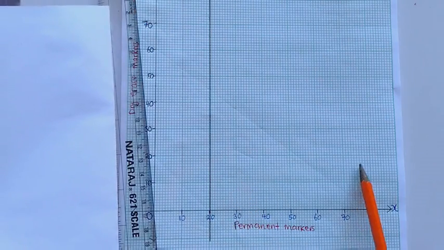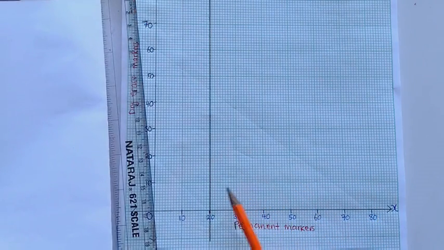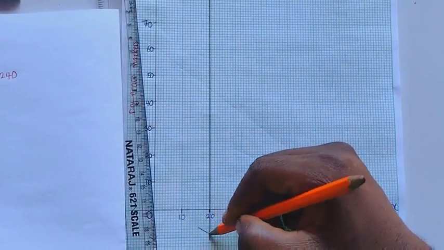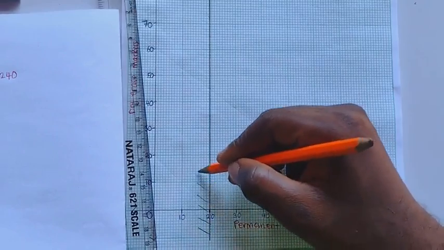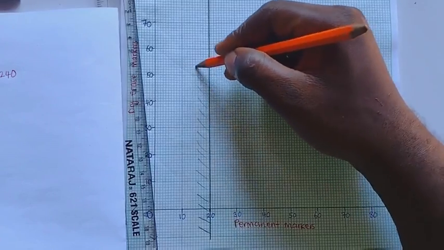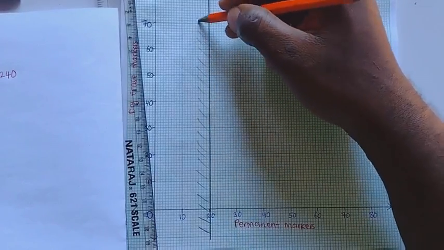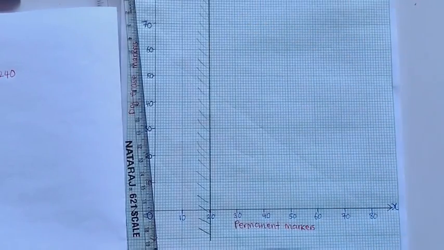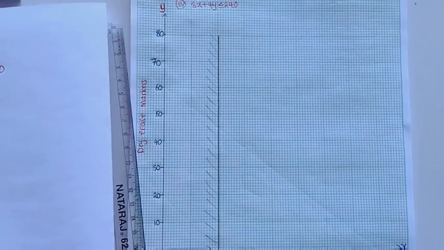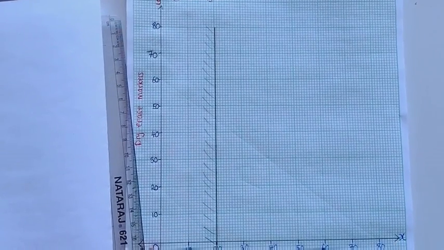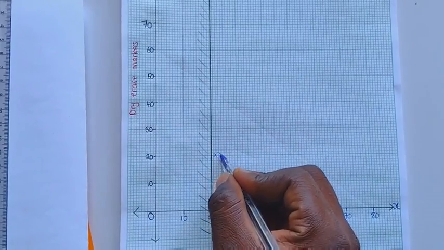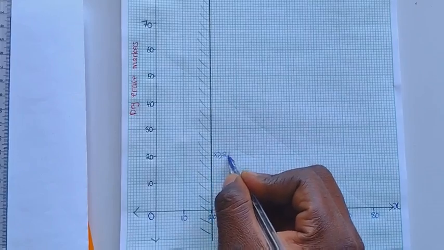So the wanted region is this. So I want to describe the unwanted region, which is this side. So this is the region that you are going to shade like this. Okay? So I hope you have gotten the idea right here. So we will shade this region like that. Right, so this is our line x greater or equal to 20.